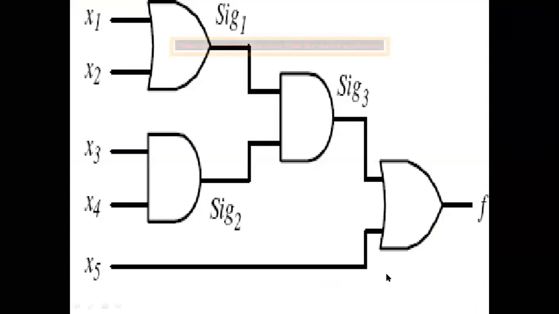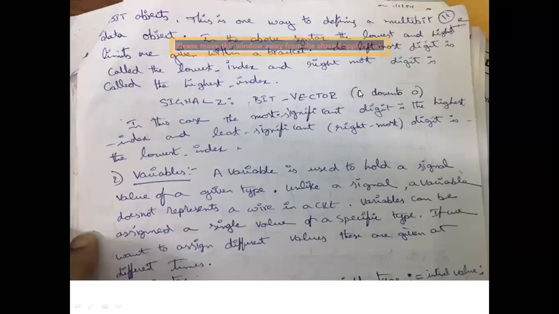Next, coming to this representation, that is 6 down to 0. In this case, the most significant digit is the highest index. Suppose you take 1 0 1 0 1 0 1, the first place MSB bit has the highest index.